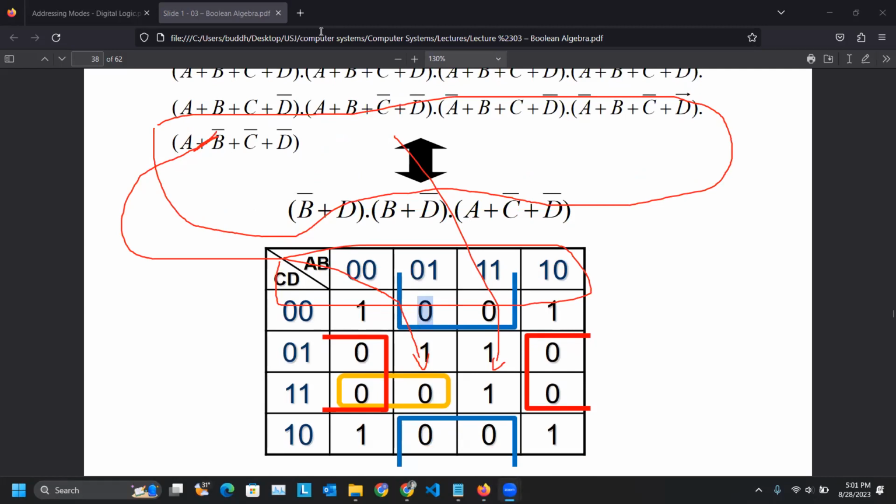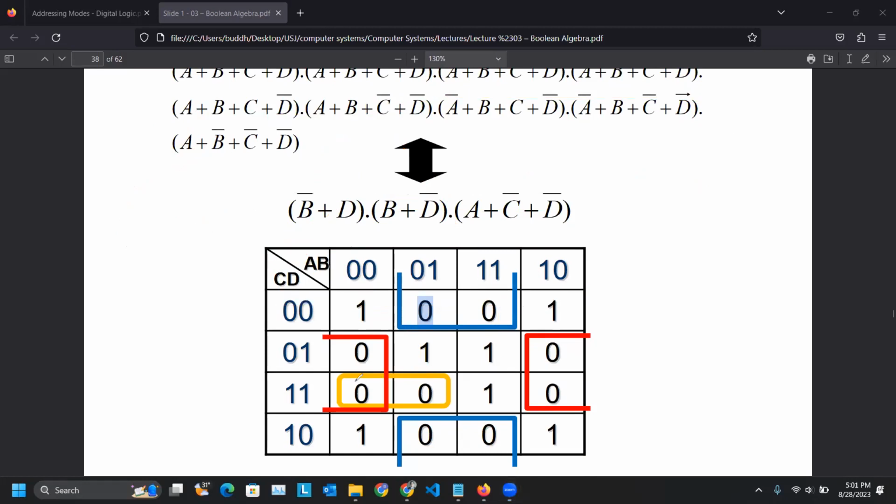So here, they have taken this one, but we can use this one as it is. It's not going to change the answer. However, you need to take the maximum number of elements into a group, and the number should be 2 to the power n, right?